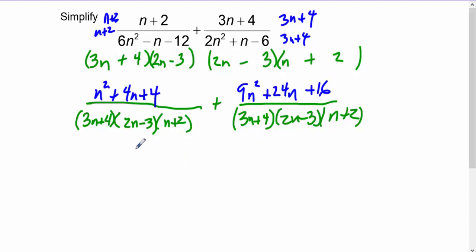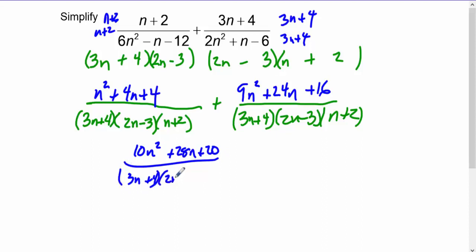I combine my like terms, that's 10n squared, 28n, and 20 over n plus 4, 2n minus 3, and n plus 2.